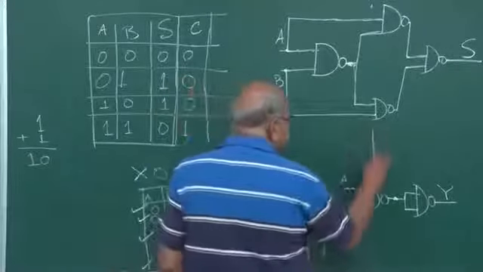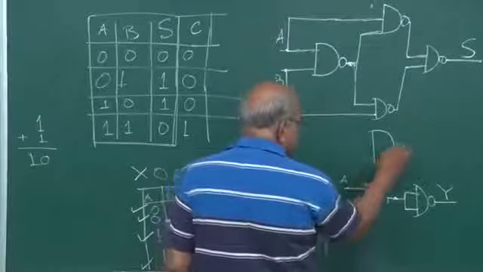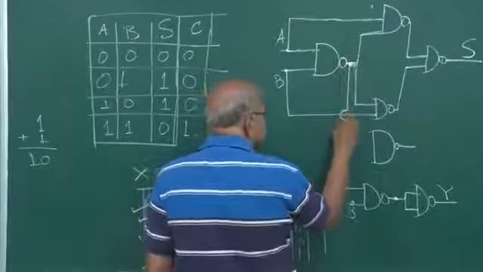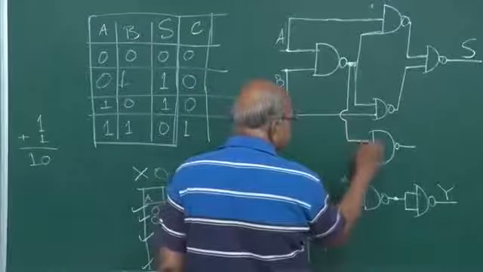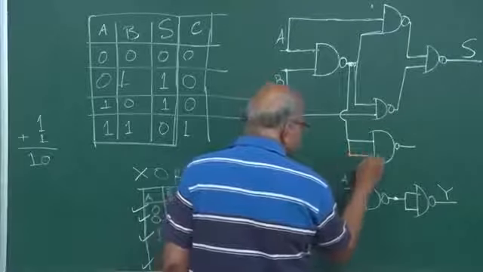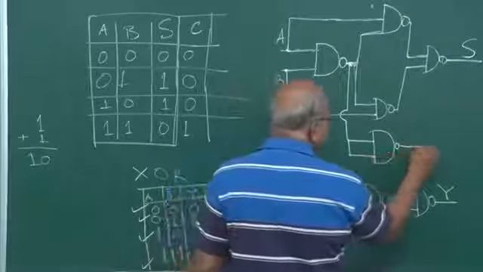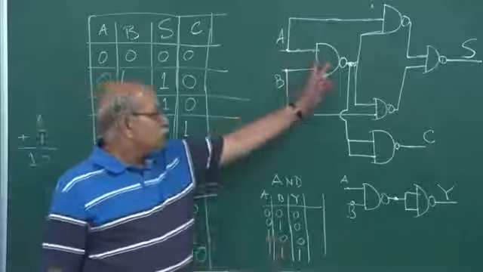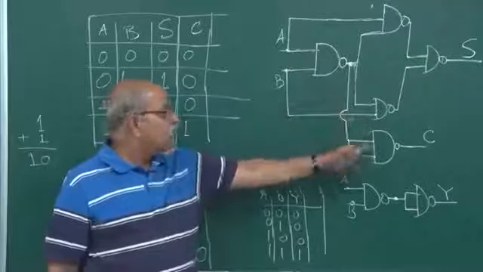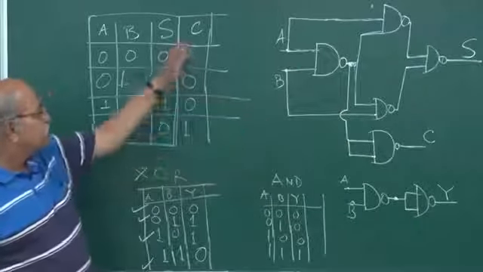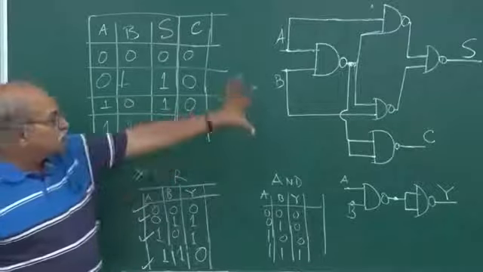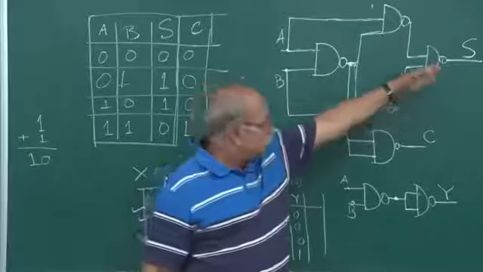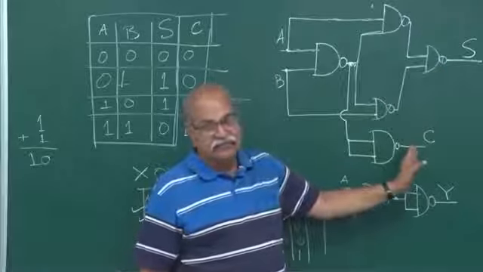So, I take another NAND here, and then from this point I give both the inputs, and this will be our carry, right. This NAND and this NAND will make AND, and A and B is nothing but the carry. So, this circuit will give me both S and C. From here I can get S, from here I can get C.